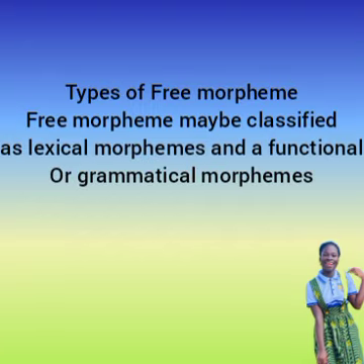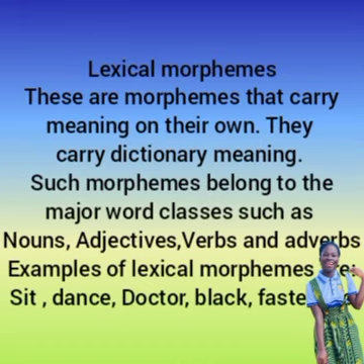Types of free morpheme. Free morpheme may be classified as lexical morphemes and the functional or grammatical morphemes. So lexical morphemes are morphemes that carry meaning on their own. They carry dictionary meaning.